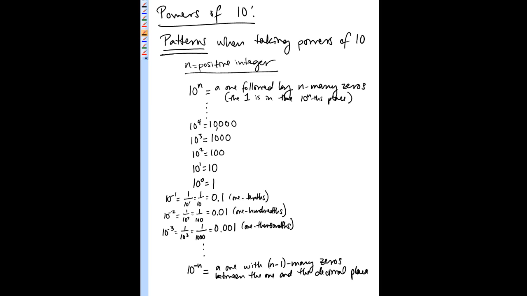Now notice the difference. There aren't n many zeros. Notice 10 to the negative 1, there's no 0 after the decimal point. 10 to the negative 2, there's only 1 0 after the decimal point. 10 to the negative 3, there are only 2 zeros after the decimal point.